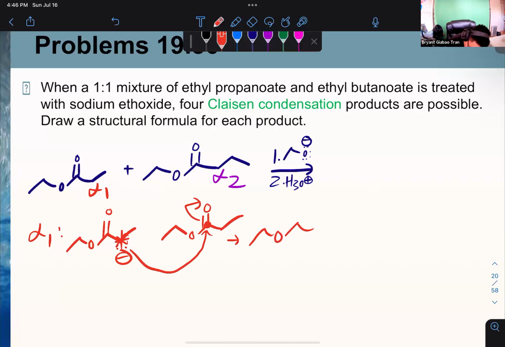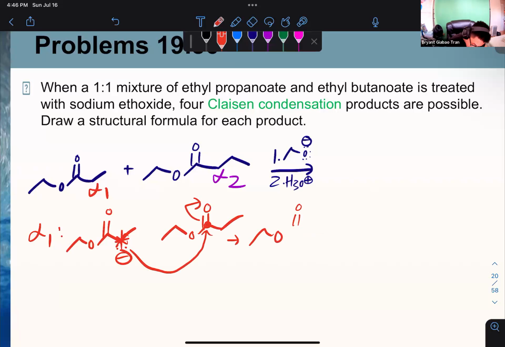Star, and then usually to make this look more neat, you see how here the methyl group is going up in this direction. I'm going to make that methyl group go down this time. It's the same thing though. I'm just doing this to make this more neat. And that's the starred carbon.